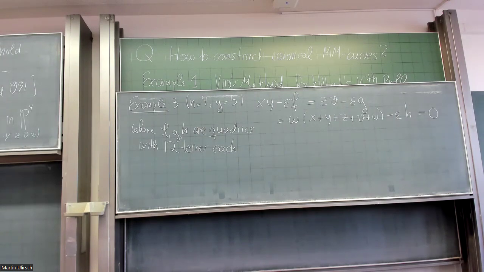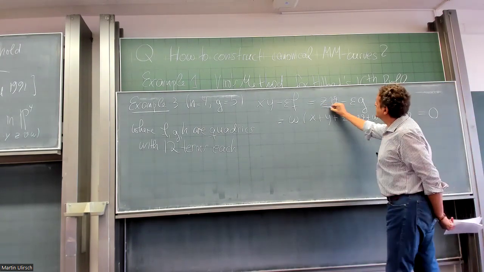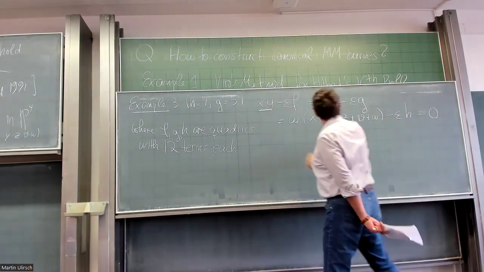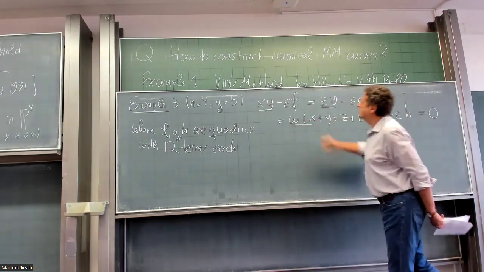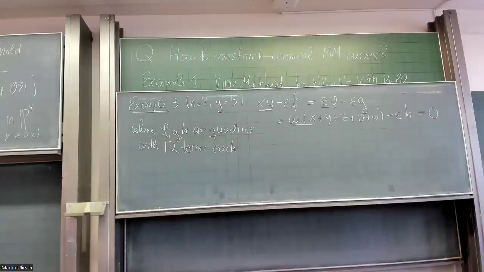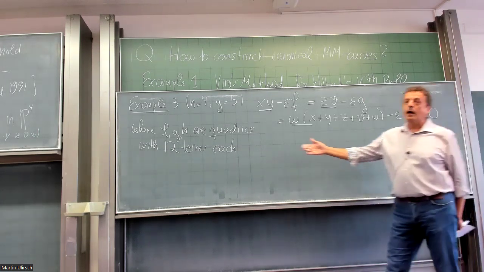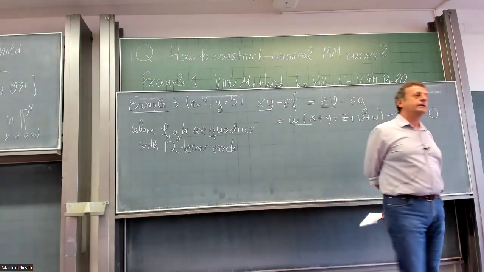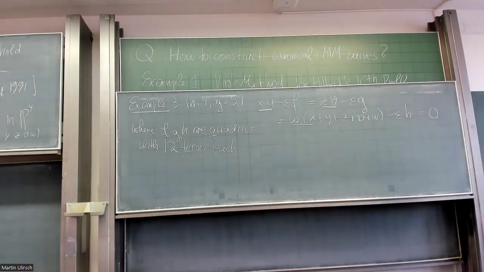A symmetric 5 by 5 matrix has 15 entries, but without loss of generality I can drop the coefficients of xy, zv, and wx, because I can substitute by this relation, right? So I'm going to assume that f, g, and h are real linear combinations of the 12 quadratic monomials other than the blue underlined monomials.